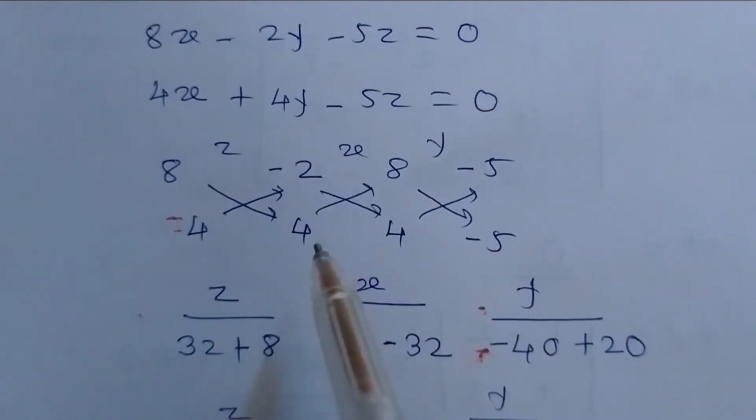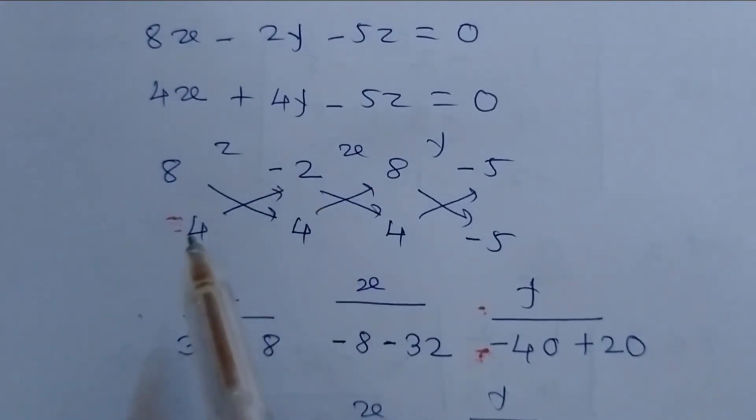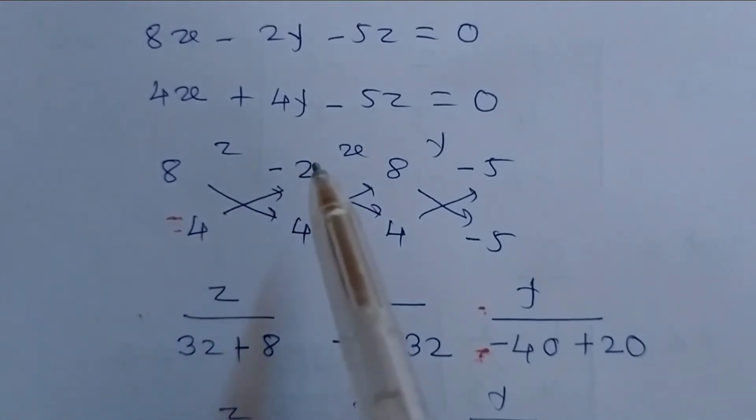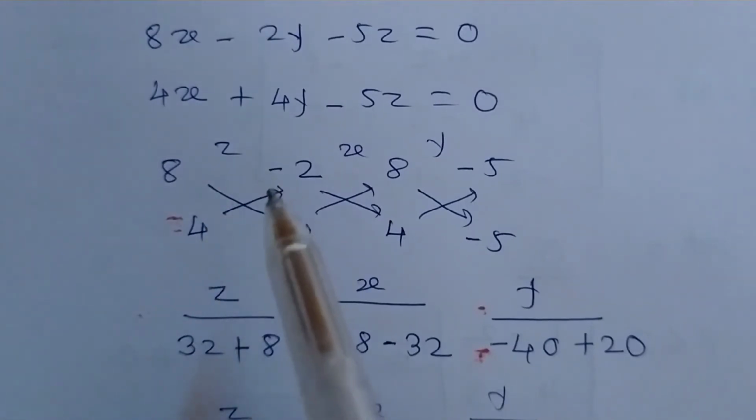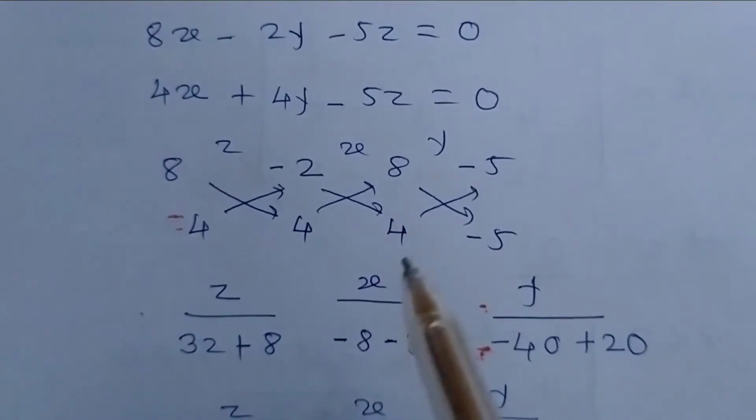So 8 into 4 is 32, plus 4 into 2 is 8, so the value of z is 32 plus 8, which is 40.